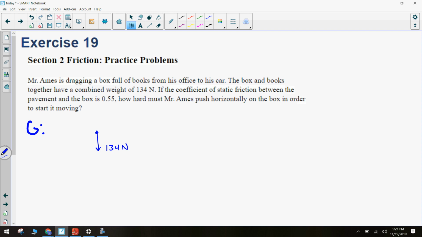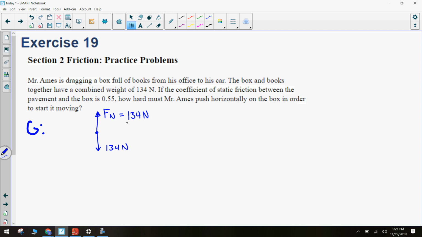That means there must be some supporting force from the surface going up. This is our normal force. We can see that the one going down has to equal the one going up. Otherwise, we'd be either falling through the surface or flying up off the ground. So the normal force in this case is going to be 134 newtons.